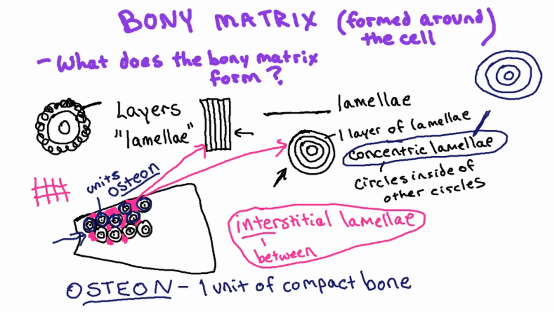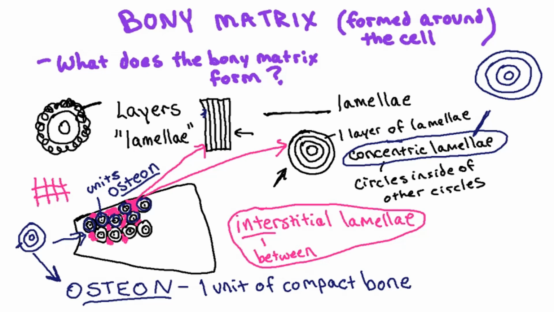So we're going to call these circular pieces of layers that form one whole circle with concentric rings within it, that is an osteon. And the osteon itself is not just the lamella. The lamella is just the layers that make up the rings.